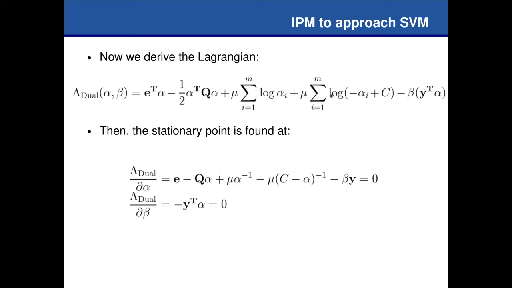Take a look. I will have what? I have mu, of course, multiplied by 1 over minus alpha I. 1 over all this, sorry. Because I have to differentiate in terms of all that is inside.